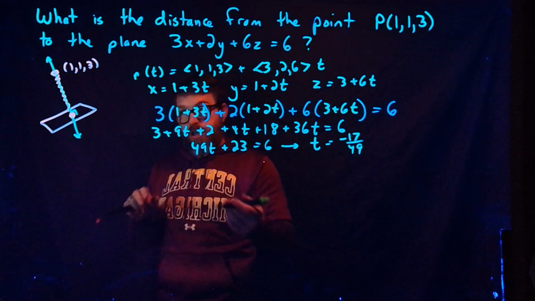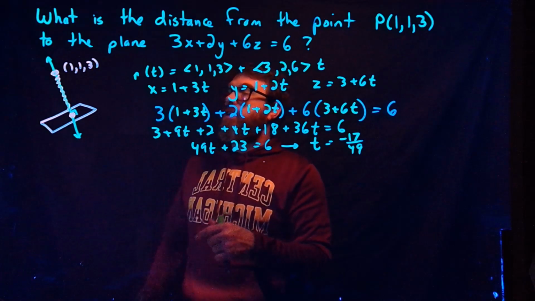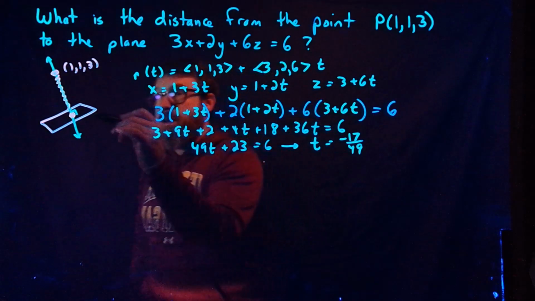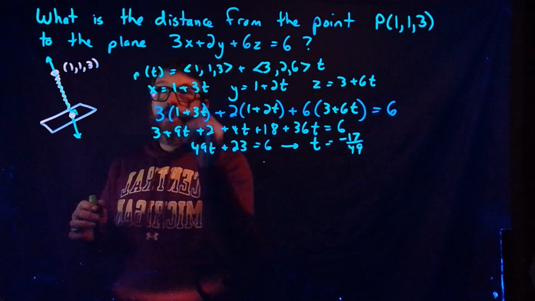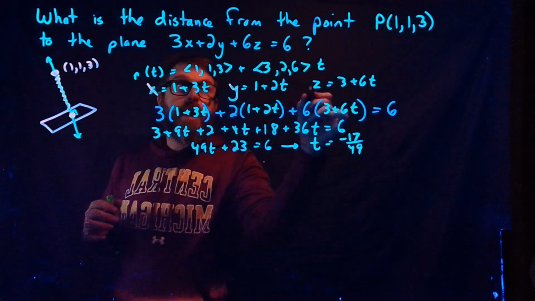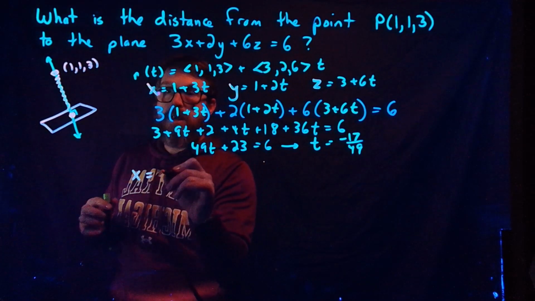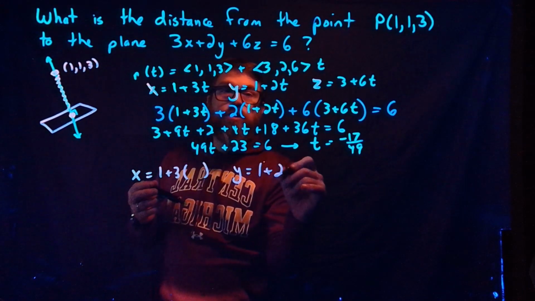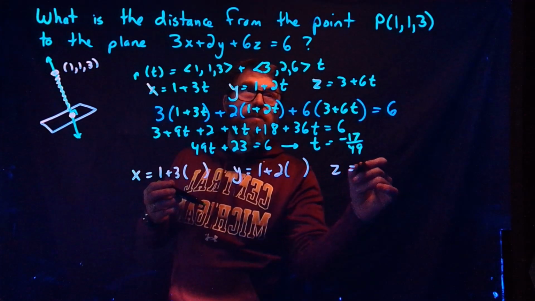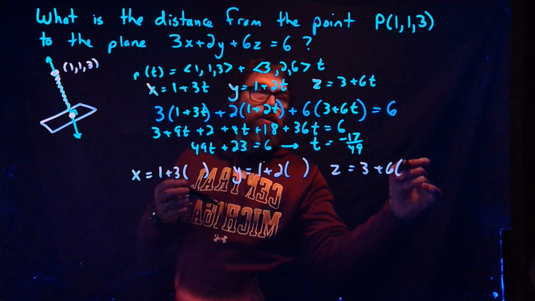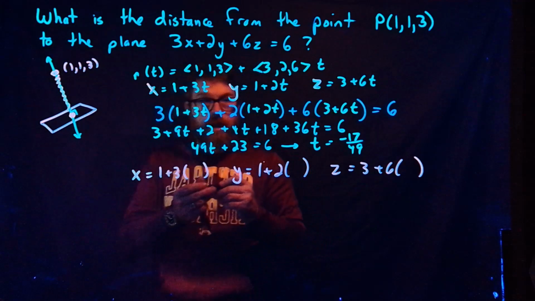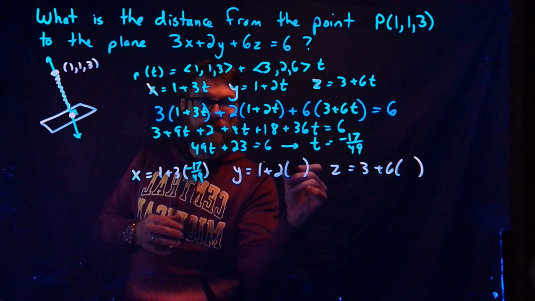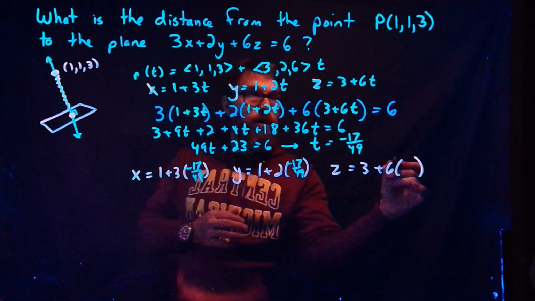Now remember, that is not the intersection point. That's just the t value where the intersection happens. So if I plug t into the parameterization, I'm going to get that point right there. x is going to be equal to 1 plus 3 times that t value. y is going to be 1 plus 2 times that t value. And then z is going to be similar, 3 plus 6 times that t value, that t value being minus 17 over 49 in each one of these t locations.